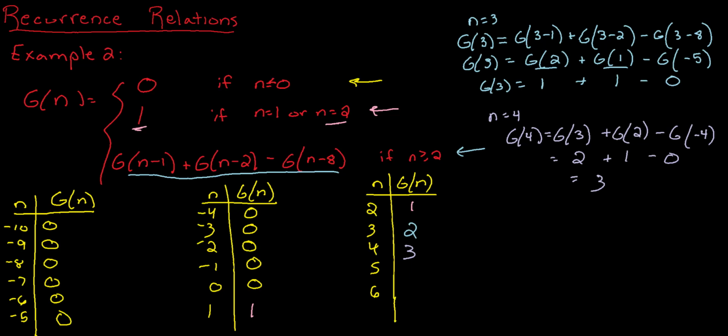And what you'll notice is that this last term here, the g of n minus 8, just put a little squiggly around it, this is going to be 0 for a long time. In fact, it's going to be 0 until you get to a point where like n equals 9 or something like that, because 9 minus 8 is going to be 1, and that's going to start picking up some values.